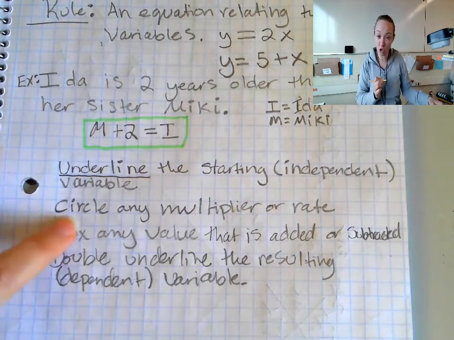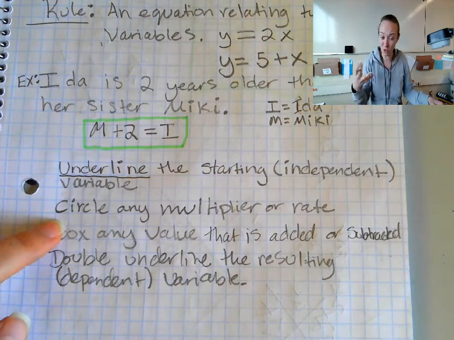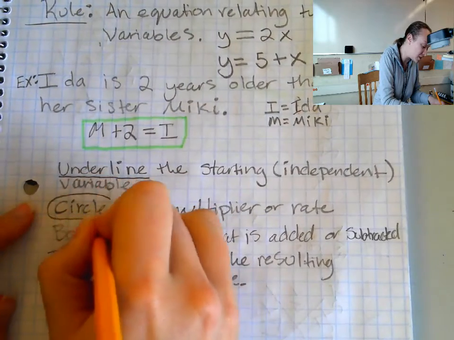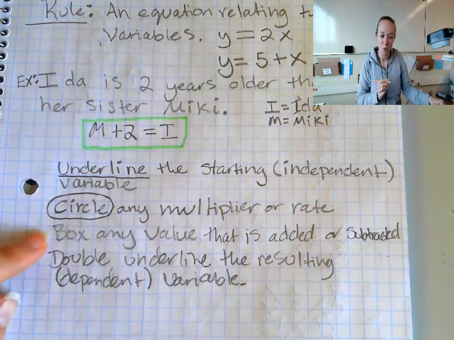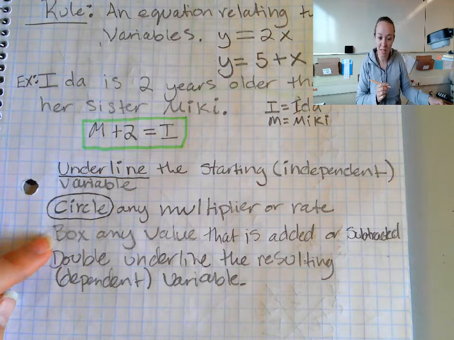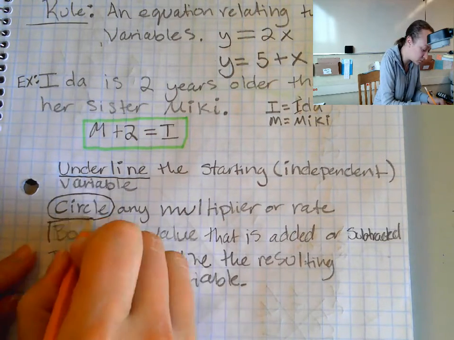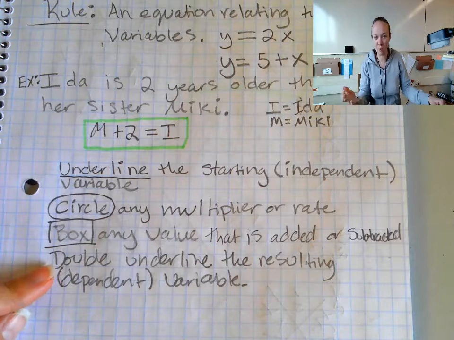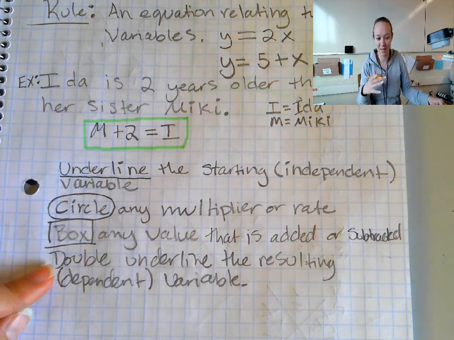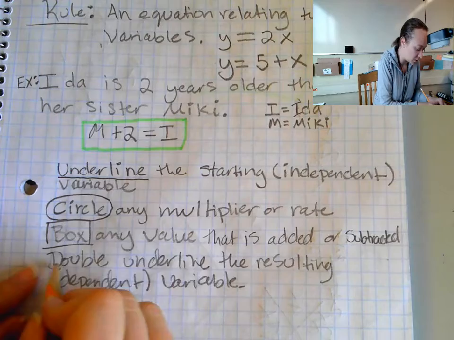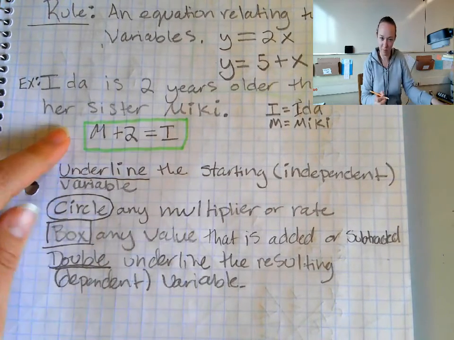We are going to circle if there's ever something that we're multiplying by or any sort of a rate. We are going to box any value that's being added or subtracted. And we're going to double underline the dependent variable, the result.